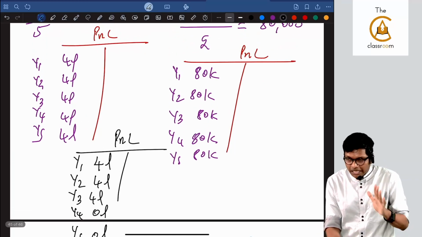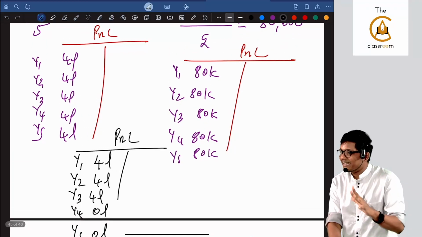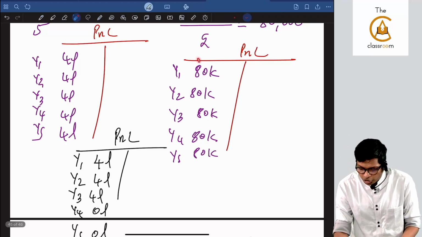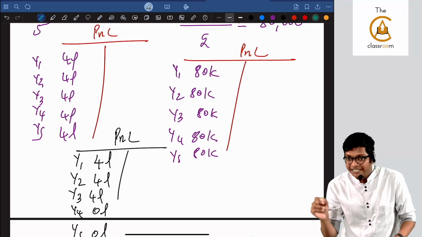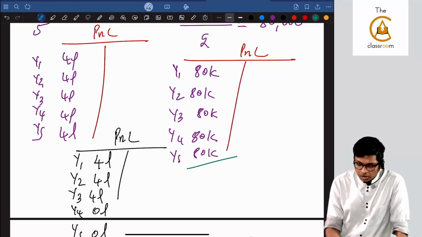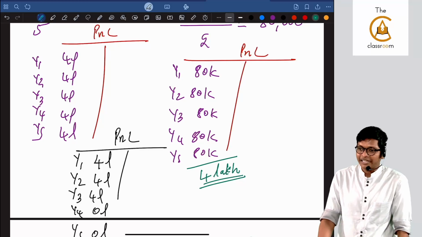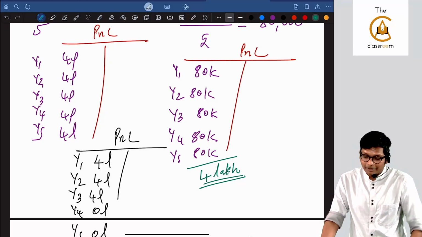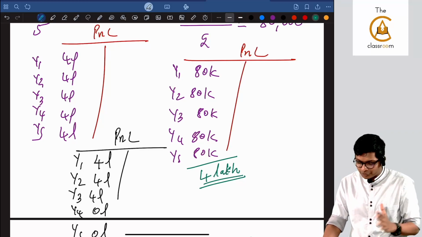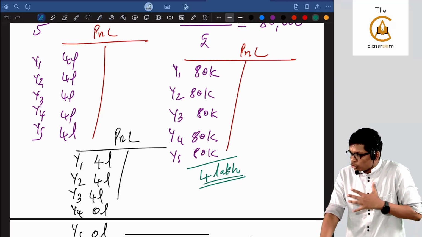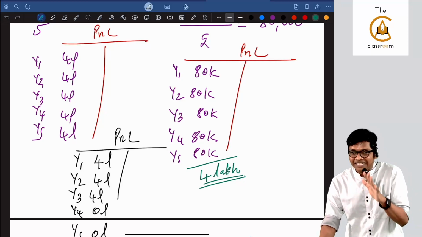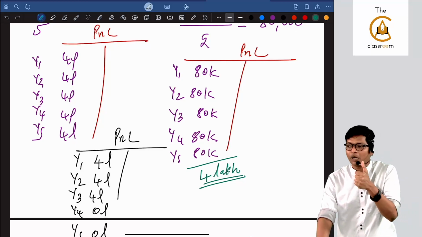But if you receive the grant, logically, what should be the total depreciation that you should have debited to P&L? 80,000 into 5 is 4 lakhs. So 4 lakhs should have been the total debit of depreciation. Do you all agree guys?